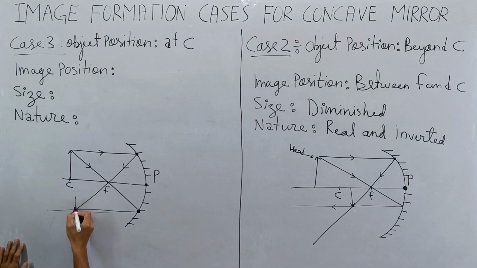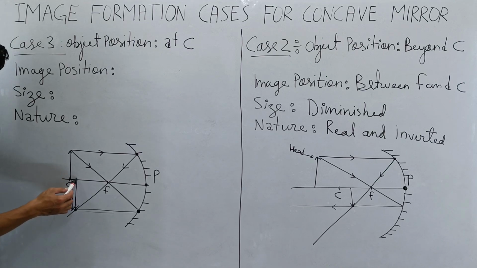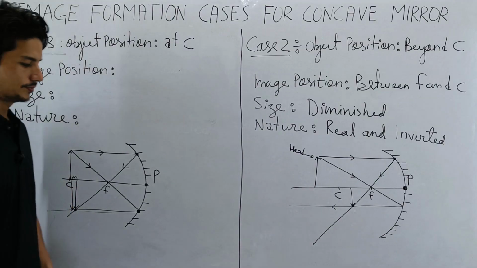So the figure will come out like this, and then this becomes a wrong figure. You know why? Because in case 3, the image is formed at C. The image is also formed at C. So we should be getting the image like this here. Mine is a little short. So I have to redraw again.